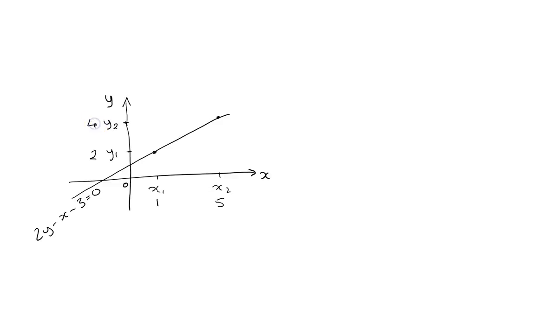So let's remind ourselves how we calculate the gradient. With our 2 points, we create our right-angled triangle, and the gradient, the symbol is m, is our rise over run. Some of you will be familiar with that, which is our y2 minus y1.